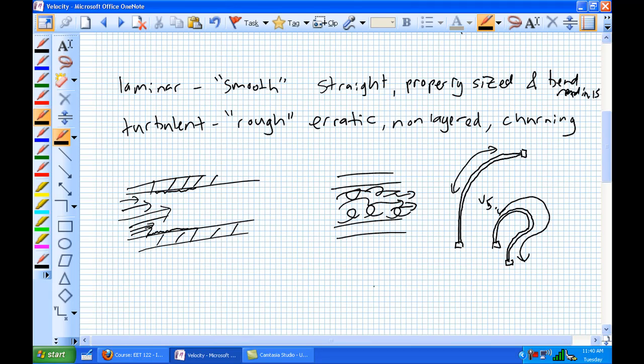So there is a certain bend radius given by manufacturers that you don't want to put a hose in that goes like this. Get a long enough hose. Go ahead and spend the extra money to get yourself a long enough hose to get that appropriate bend radius.